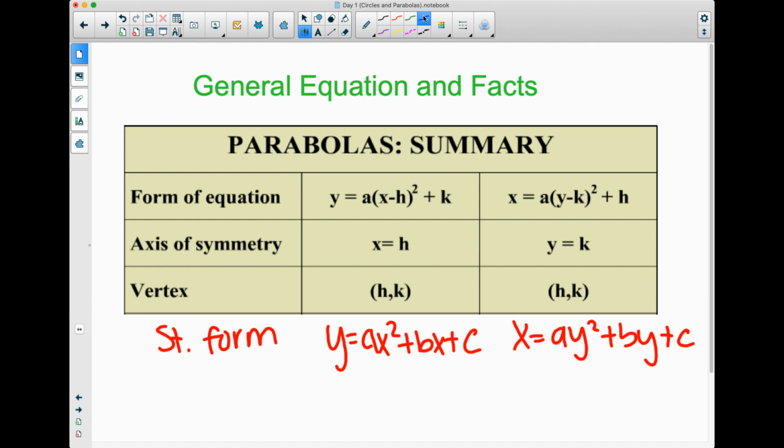You'll see how things have changed. You now have y equals k. You still have the vertex (h, k), but it's going to be weird to find it. And then, of course, your standard forms.